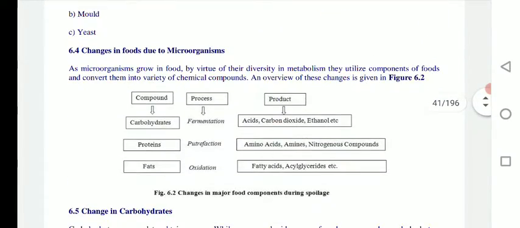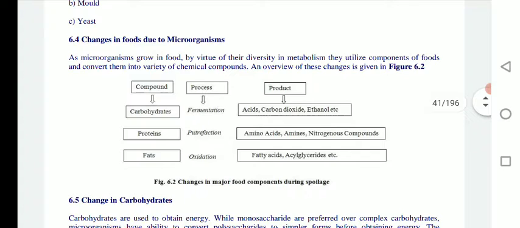And the changes these microbes bring about in food include, so these are the principal components which are present in food, and they get broken down by microbial activities: carbohydrate, protein, fat. Carbohydrates get fermented, and due to that fermentation carried out by microorganisms, it produces acid, carbon dioxide and ethanol, and these are harmful as far as our body is concerned.